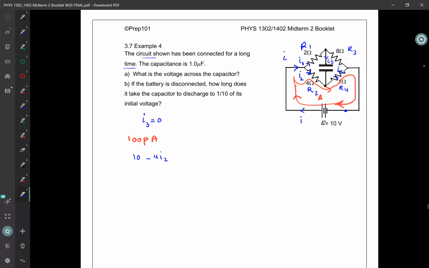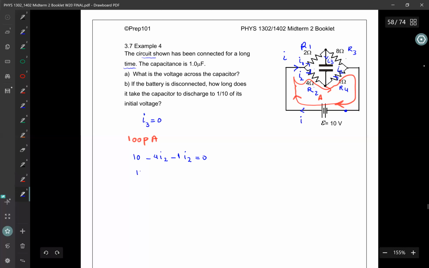If I3 is 0, I2 will not be broken into two parts, because the capacitor does not accept any charge. So the same current I2 will go through both R2 and R4. Therefore, once I reach R4, I can write minus 1, R4 is 1 ohm, minus 1 I2, then I keep moving, and I get to that blue point again. Set it equal to 0.